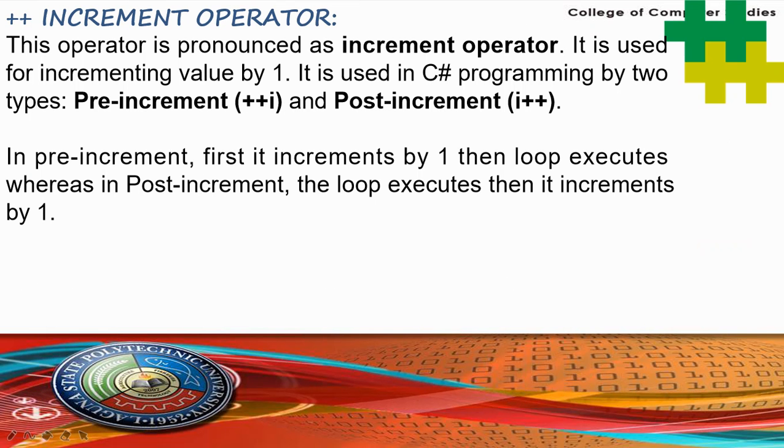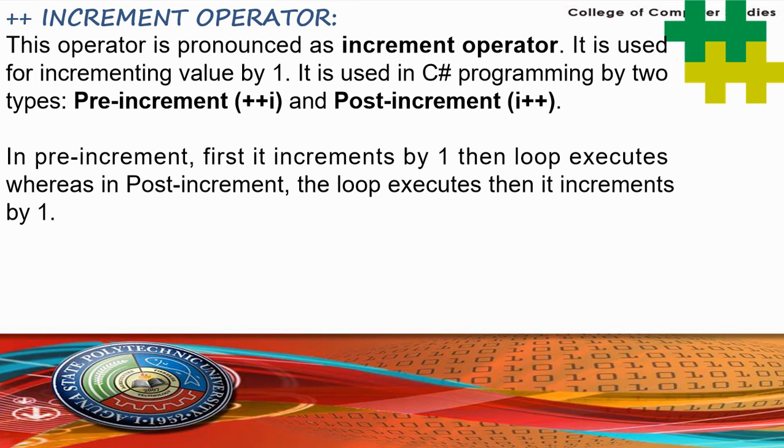Then we have the increment operator. Under the unary operators, we have the increment operator. It is used for incrementing a value by 1. It means you will add 1 to the value.